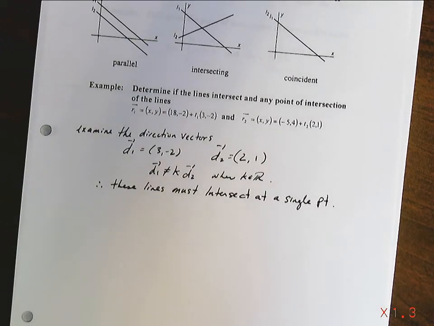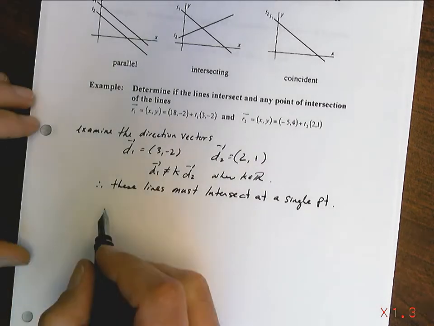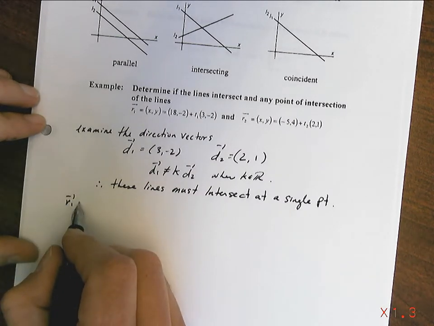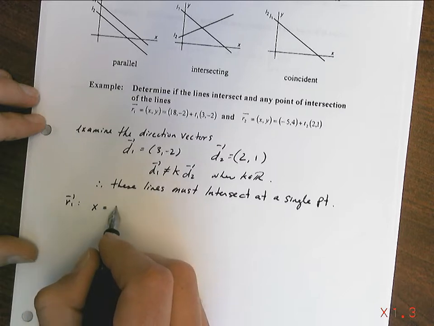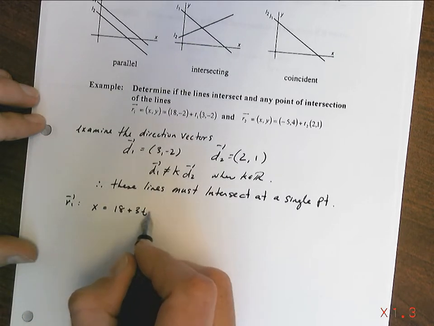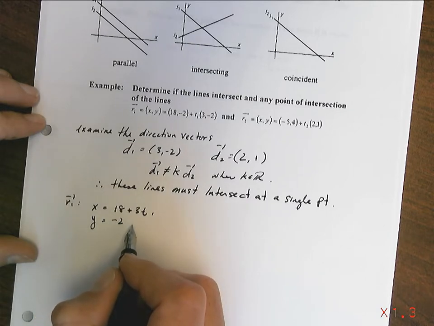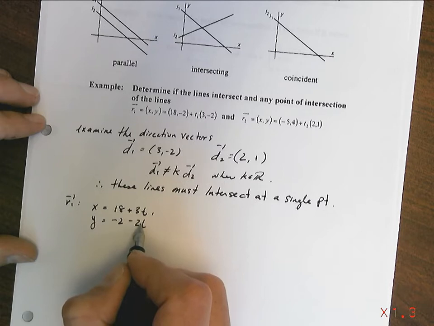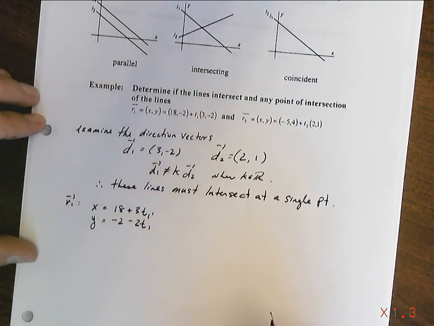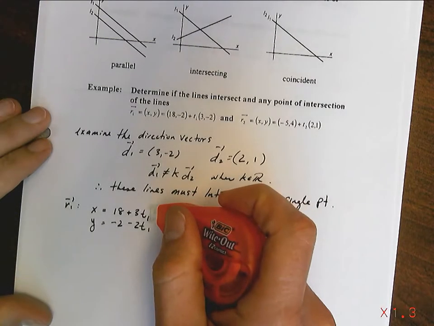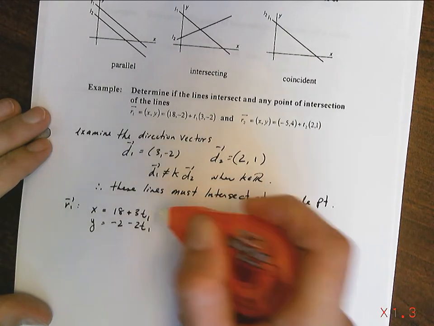Well, there's a couple of different ways here. Probably the easiest way is to look at the parametric values. So for line 1, you're going to have x equals 18 plus 3t1 and y equals negative 2 minus 2t1.